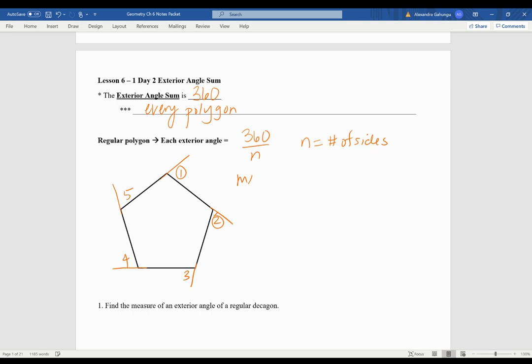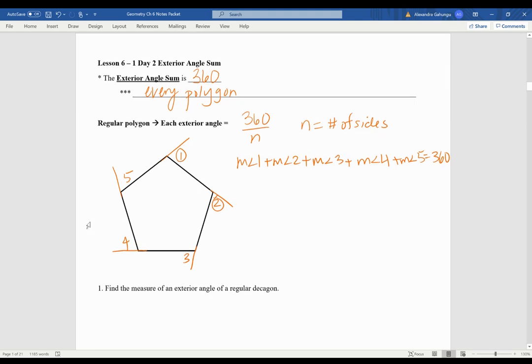The sum of those angles is going to be 360. So for any polygon, the sum is going to be 360 for my angles, and then to find each one, we would just divide it by the number of sides.